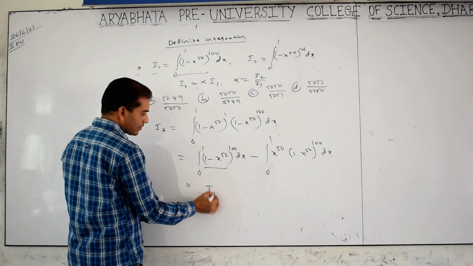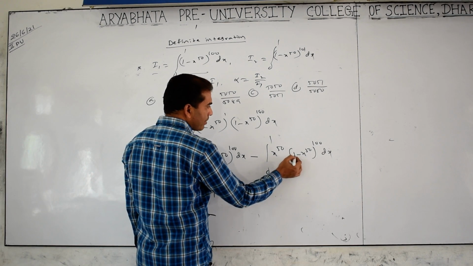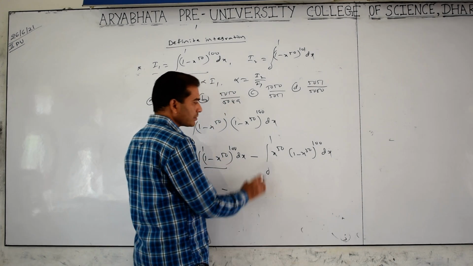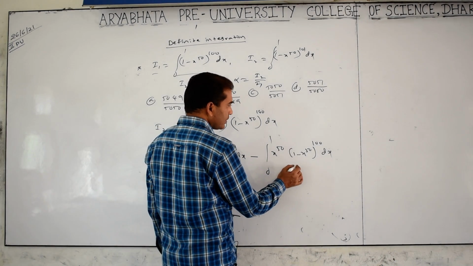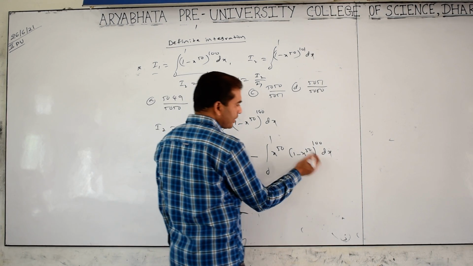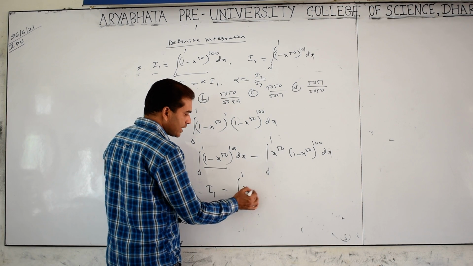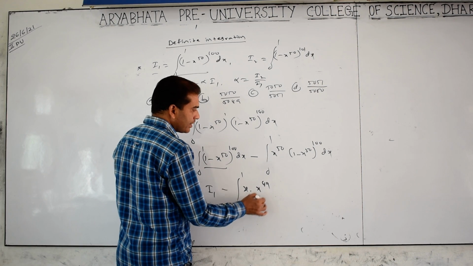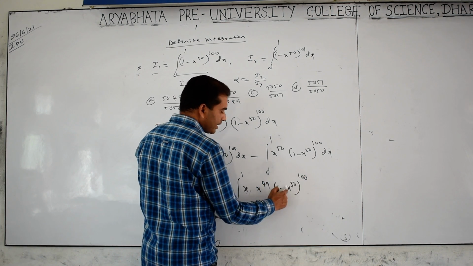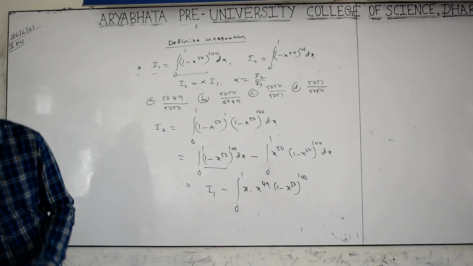This is I1 minus this, where this is the derivative here, the derivative of 1 minus x power 50. Understood? Got the point? Let 1 minus x power 50 equal t, or you can solve directly also. Integration from 0 to 1 of x into x power 49 into (1 minus x power 50) whole power 100. If you get confused, better you take the t only.